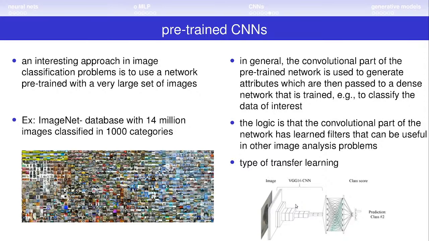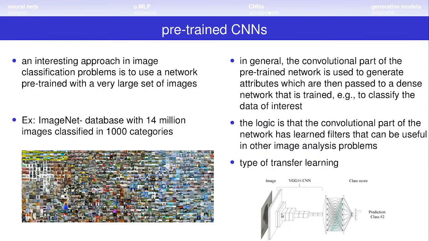We use the pre-trained CNN here, and we add to the CNN a multi-layer perceptron. That means a fully connected network that then produces either the classification or the regression that we are using. What is the motivation of doing this sort of thing?